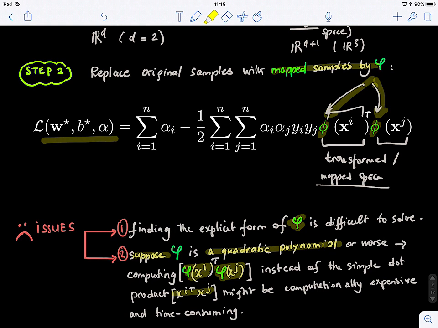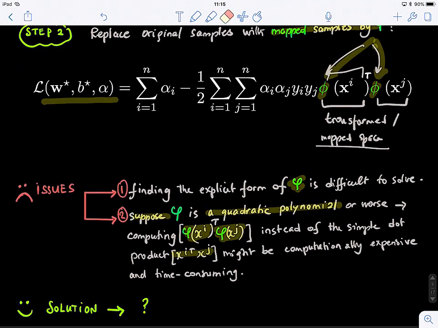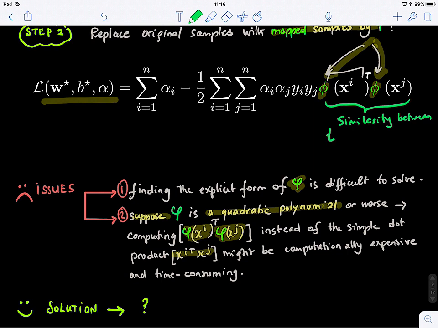So to circumvent these issues, the idea of what we call the kernel trick was introduced. Since we're computing a dot product that measures the similarity between transformed, or mapped, points, what we care about is finding the similarity.